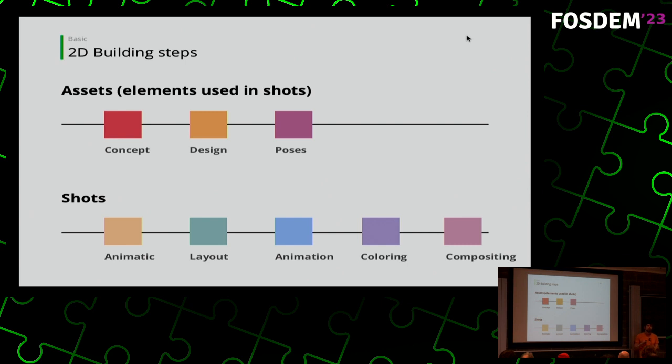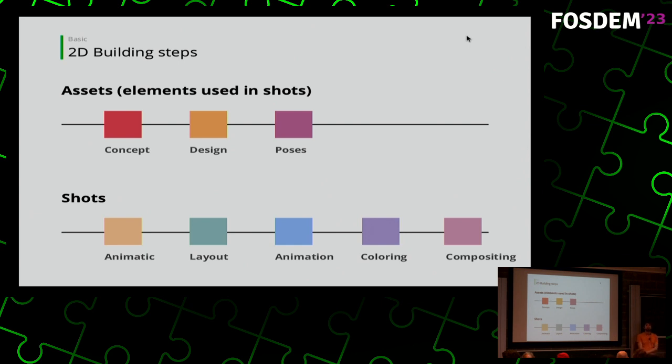The main elements used in 2D are the characters and the backgrounds, because almost every shot has a different background. After that, we have another step where, for every character, we describe all the poses that the character will have, so it will be easier for the animation that will happen afterwards.